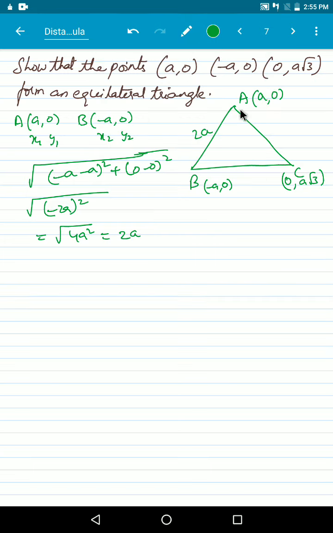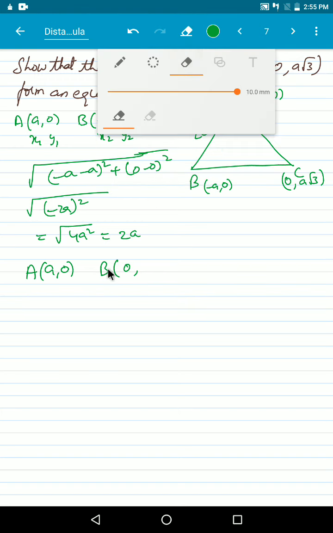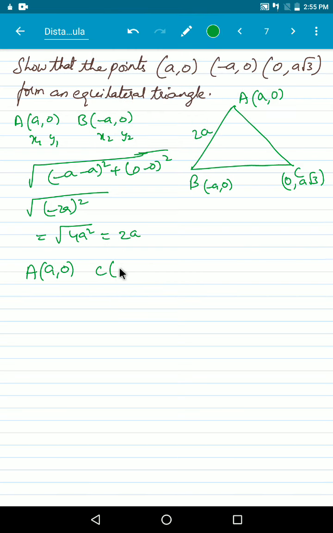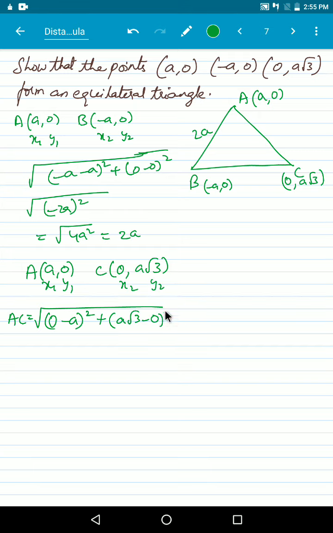Let us find the distance between AC. So A is (a, 0) and C is (0, a root 3), x1, y1, x2, y2. Okay, let us find AC now. x2 minus x1, that is 0 minus a whole square, plus y2 minus y1, a root 3 minus 0 whole square.